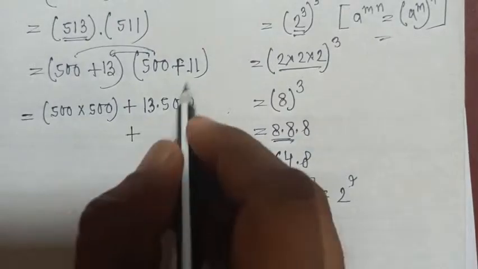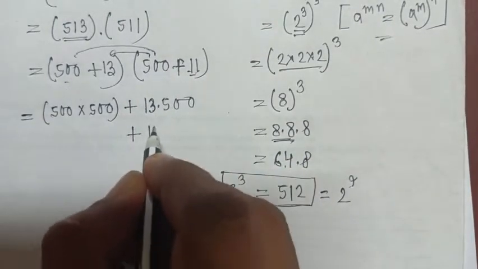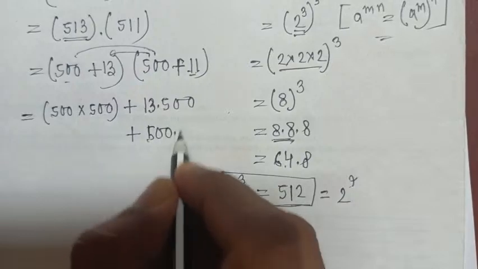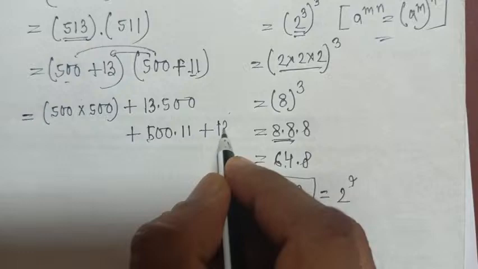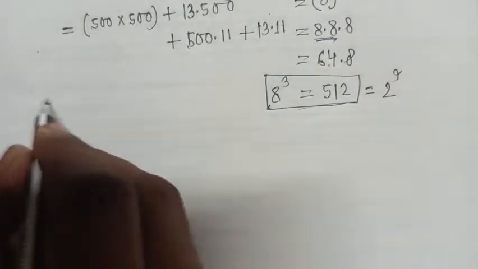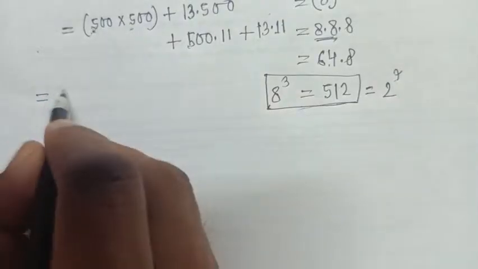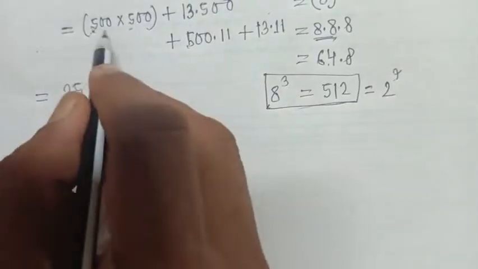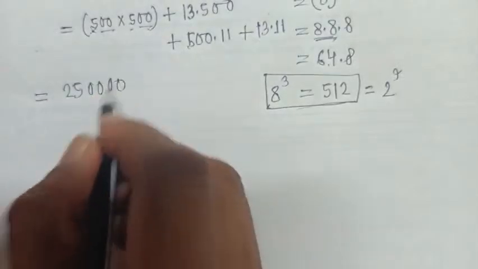Now this should be 11 into 500, minus 500 into 11, plus 13 into 11. Now if we multiply this one, 5 cross 5 means 25, and beside this two 0 and this 0.